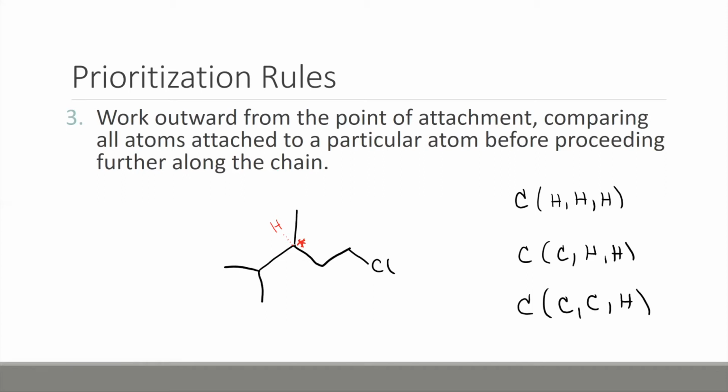So here, attached to this carbon, there is a carbon and a carbon and a carbon. So that doesn't help us. But what are those carbons attached to? Well, this top carbon here is attached to 3 hydrogens. It is a CH3 group. This carbon is attached to 2 hydrogens and another carbon here.